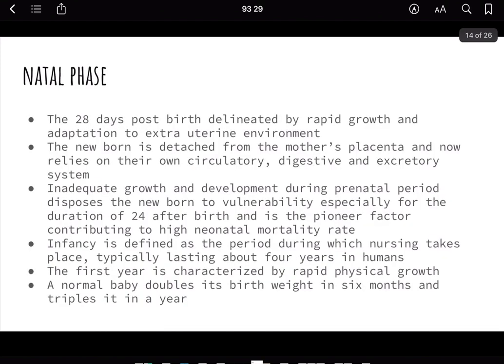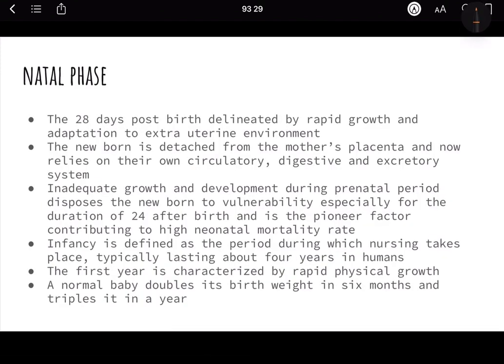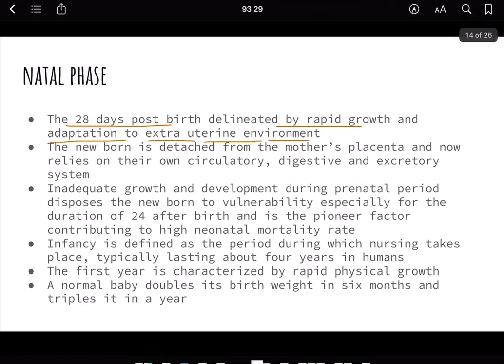So the natal phase has come, that is after birth, the 28 days post the birth, okay, delineated by rapid growth and adaptation to the extra uterine environment. Now what does that mean? It means that till now the baby was growing inside the womb of the mother, so it was the uterine environment.